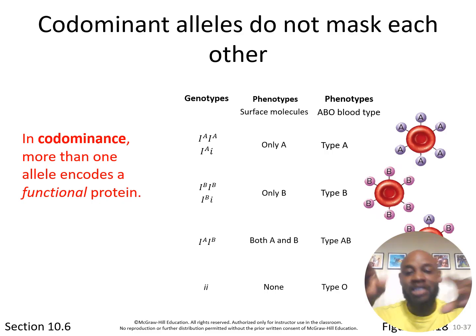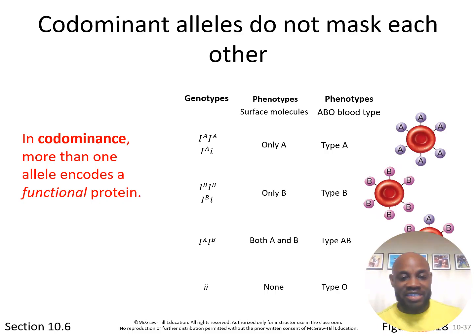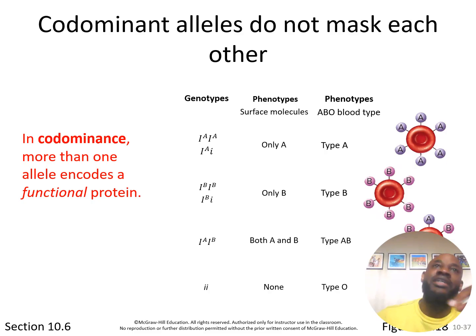In codominance, as in the example given here, blood type, on the surface of your blood cells, red blood cells, called erythrocytes, you have antigens that our bodies code for, and that's what gives us our blood type. Type A blood, type B blood, type AB blood, and type O blood has no antigens.